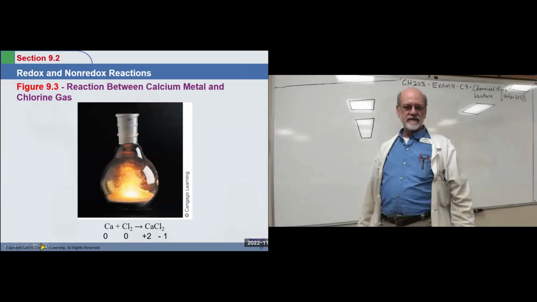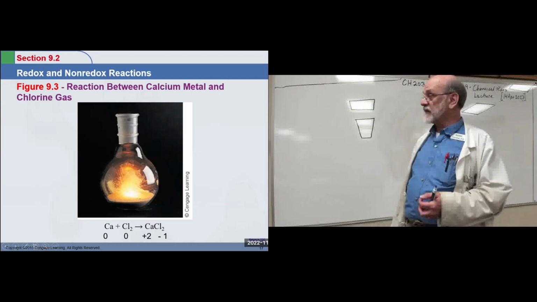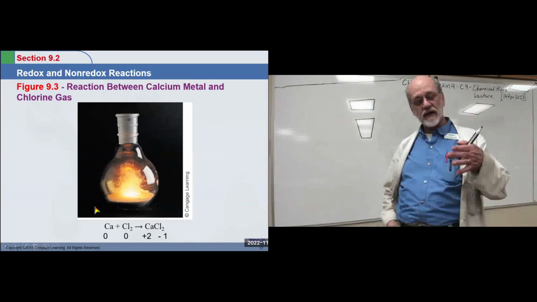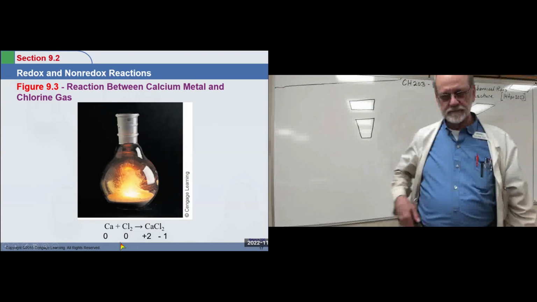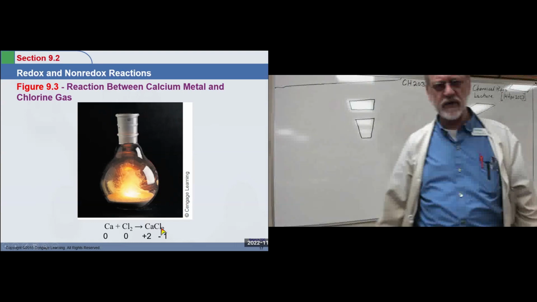Calcium and chlorine together, that's a pretty violent reaction. And this just illustrates that the oxidation number changed from 0 for each one of the elements to a +2 for calcium and a -1 for chlorine. I hope they're doing that under a hood.